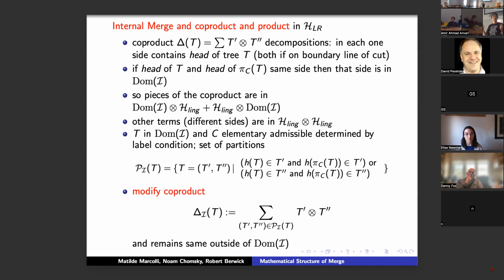So I have this product and coproduct of the relevant algebra for this case, but do these domains preserve in some way the algebraic structure? And that's again a place where you see that there is a problem with the old version of minimalism, because you only have some partial compatibility of this domain checking for feature checking with the operations.